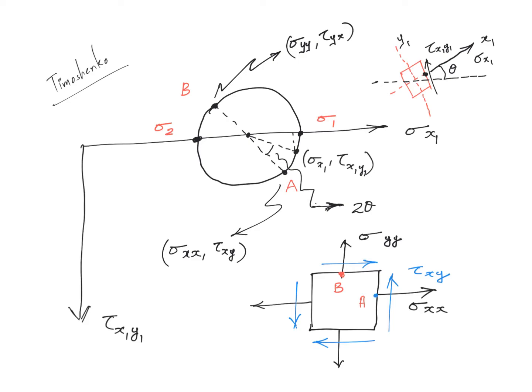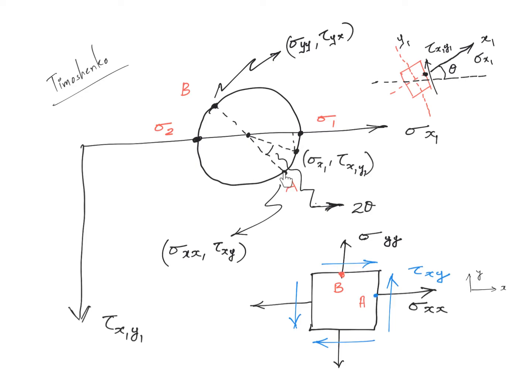once you start creating your Mohr circle, the first thing you do is, if you know the stresses in this xy coordinate system, as a first step, you will try to figure out where is my point A, or where is this plane in my Mohr circle.